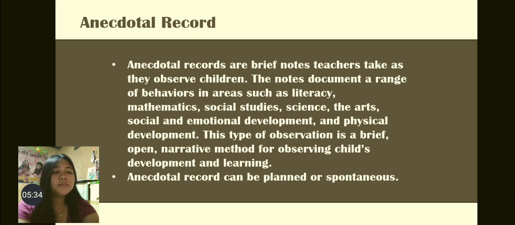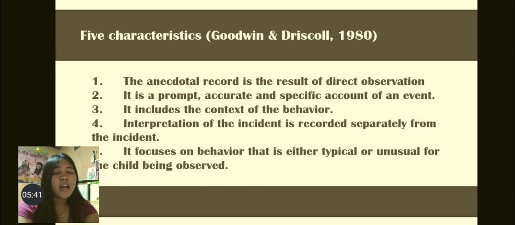Before the advantages, we have five characteristics for knowing what an anecdotal record is, from Godwin and Driscoll in 1980. First, the anecdotal record is the result of direct observation. Second, it is a prompt, accurate, and specific account of an event.